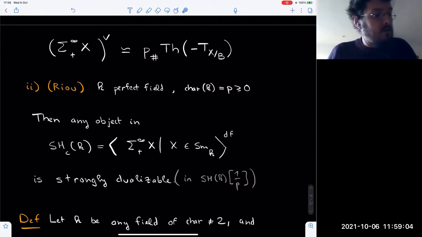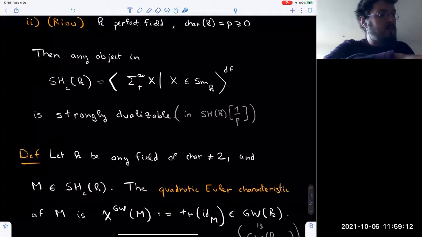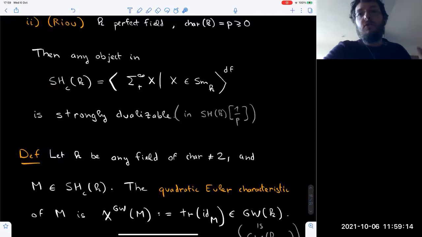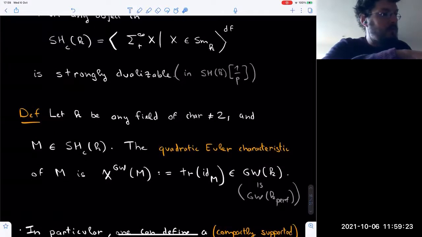There is a little caveat that you have to invert p if you're in characteristic p, but I won't stress that point. As a consequence, you have a rich source of strongly dualizable objects, and you can define the Euler characteristic, which is some of the main object of the talk.